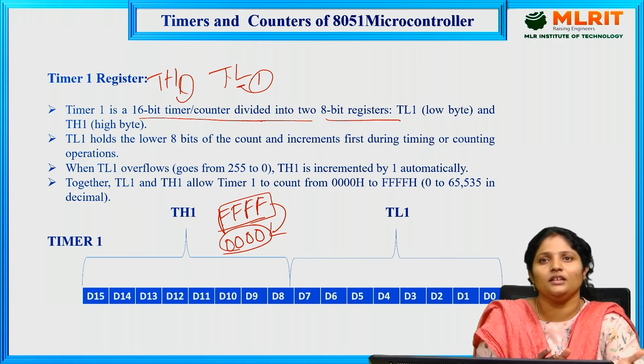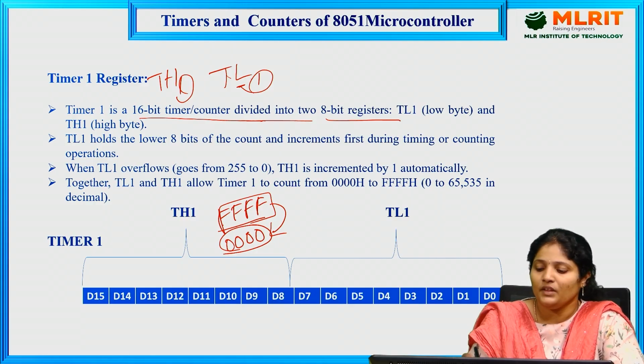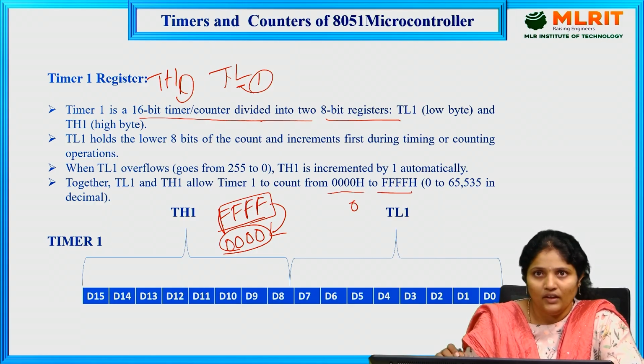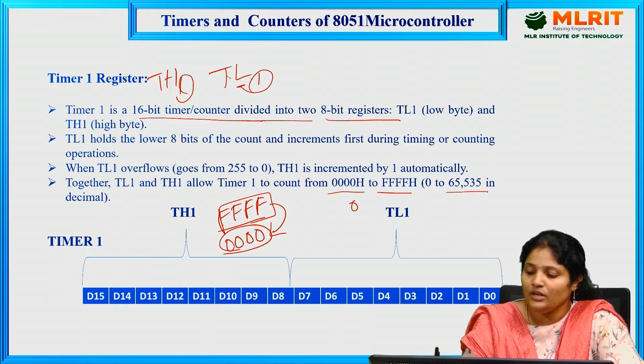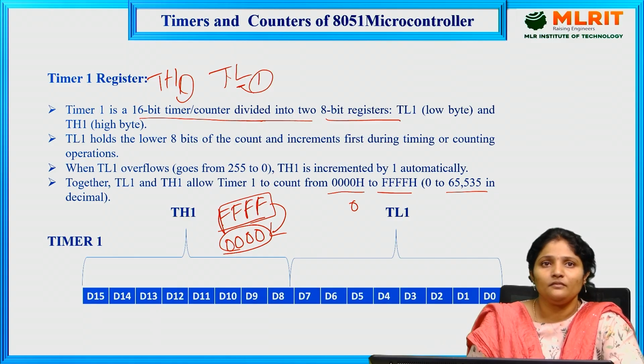We will see what they are. So together, Timer 0 and Timer 1 of the 8051 can count from 0000, meaning 0, to FFFF, the highest value, which is 65,535 in decimal conversion.